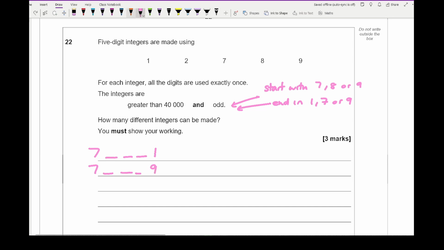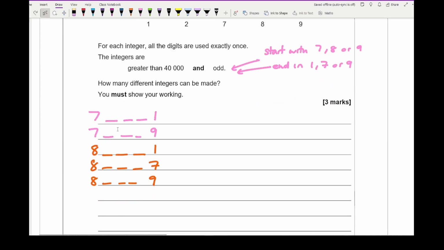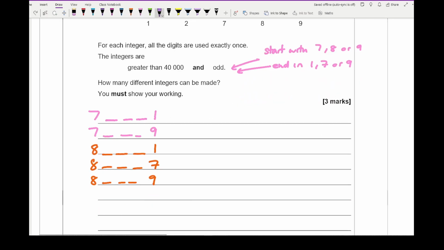Now, moving on to the next digit of 8, with the 3 numbers, that either ends in a 1, or it ends in a 7, or it's going to end in a 9. Then moving on to 9, that's either going to end in a 1, or it's going to end with a 7. So all in all, we've got 7 combinations.